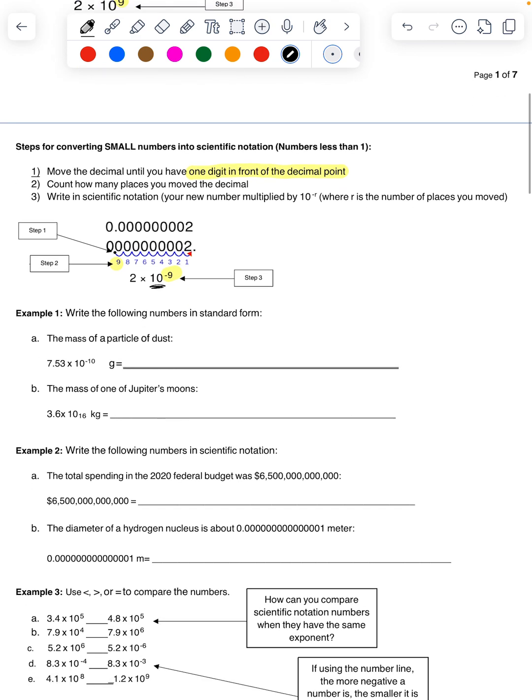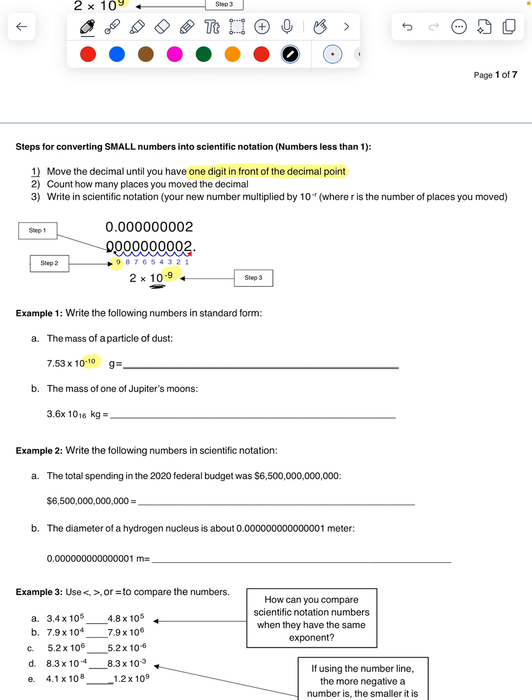So let's go ahead and write the following numbers in standard form. They are written in scientific notation, but I want to write them in standard form. The first one is 7.53 times 10 to the negative 10. So I know that if my exponent is negative, I'm looking at a really, really small number.